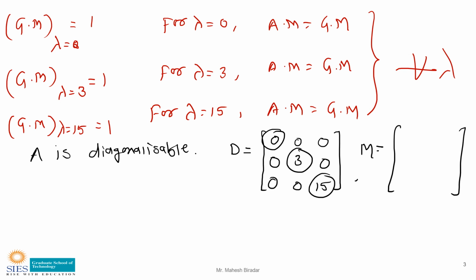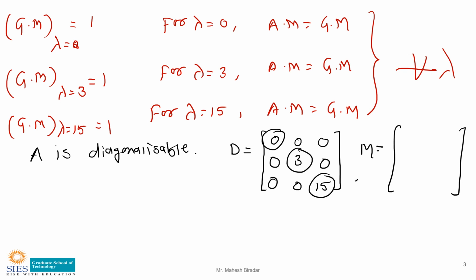So diagonal elements are eigenvalues of A; this is D. And M is a modal matrix, or transforming matrix, or diagonalizing matrix, whose columns are eigenvectors of A.